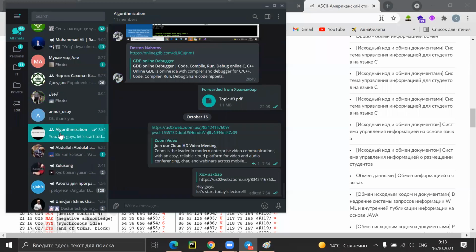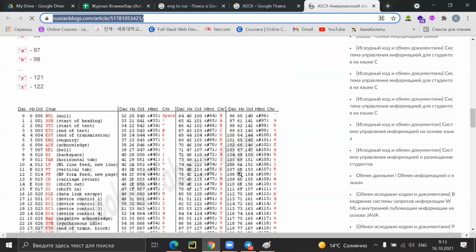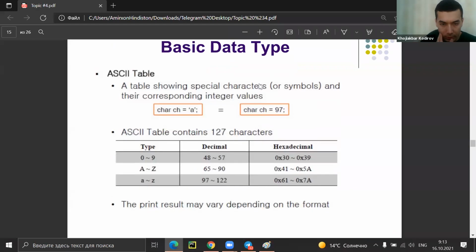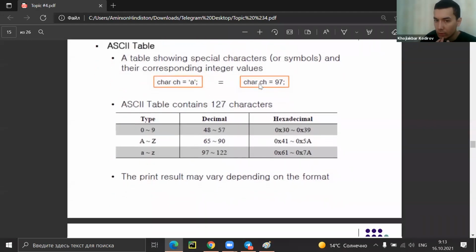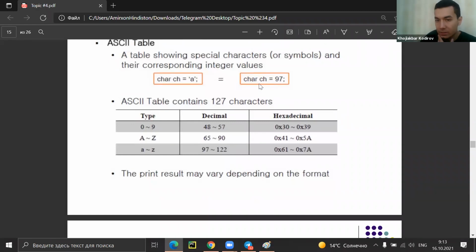I have also already sent it to the group. The ASCII table, as I mentioned, is a table that contains 127 characters represented in decimal, hexadecimal, binary, and HTML representations. Got it?